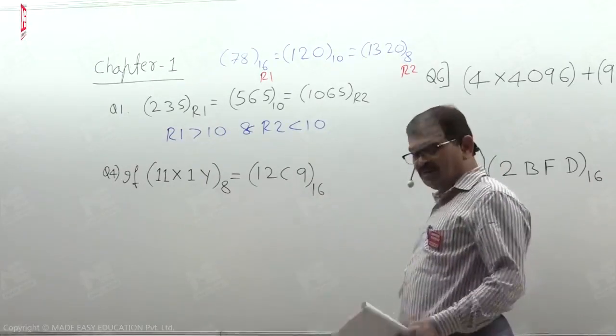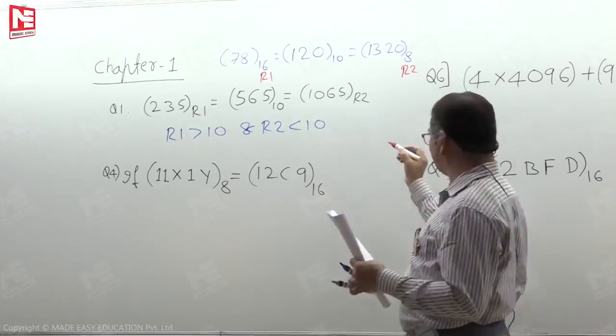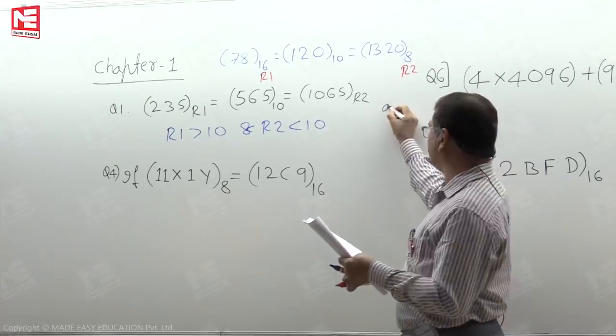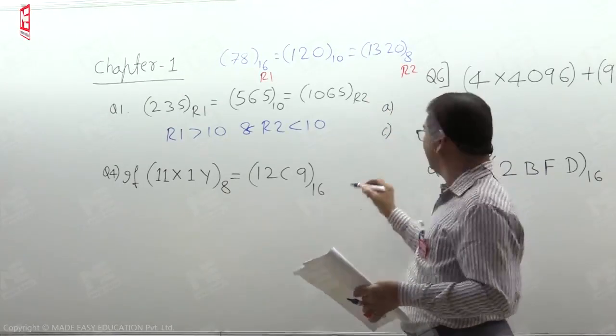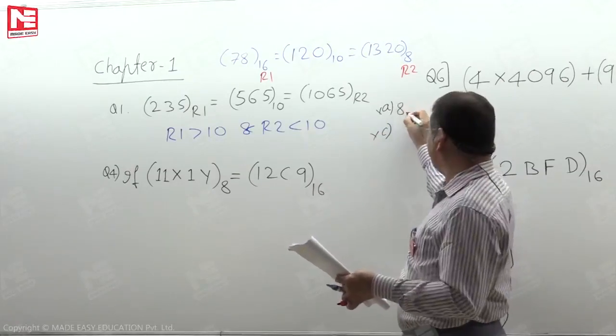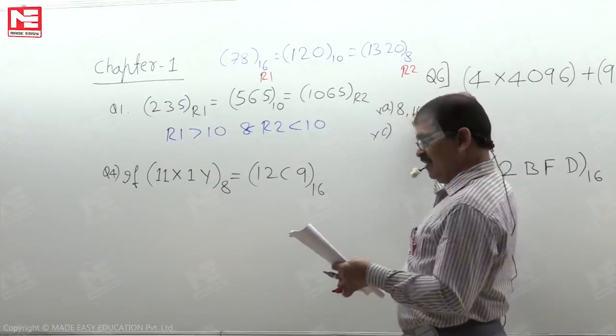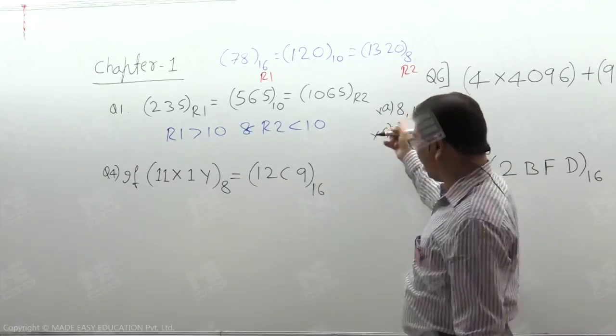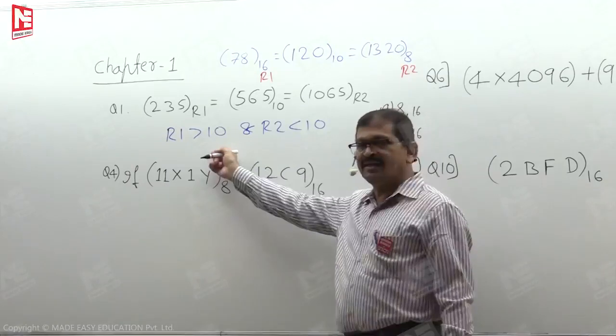Based on this conclusion, from the given options we can discard option A and option C. In option A, the R1 value is 8, but R1 must be greater than 10.